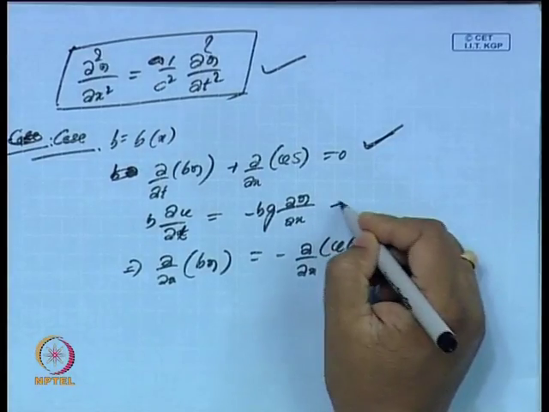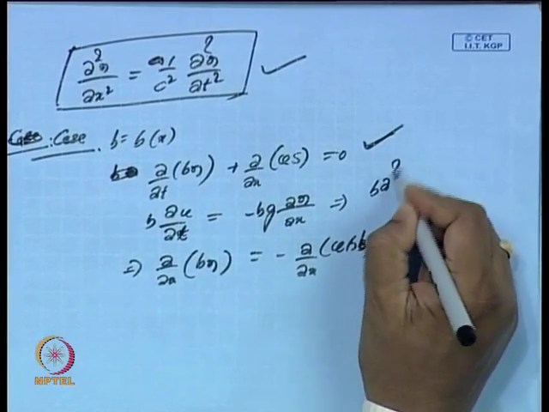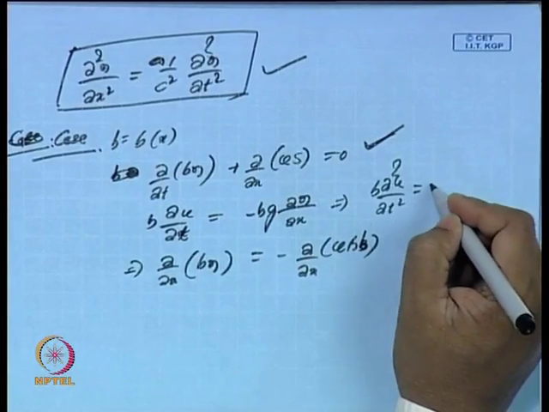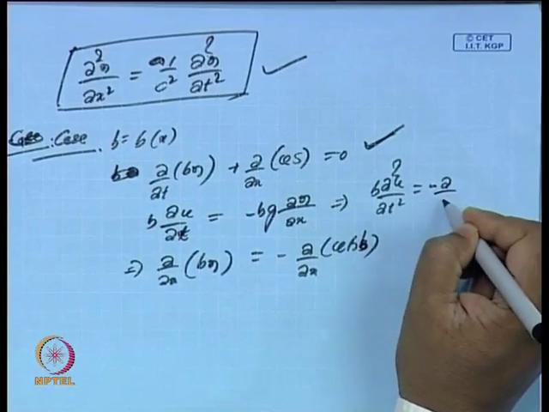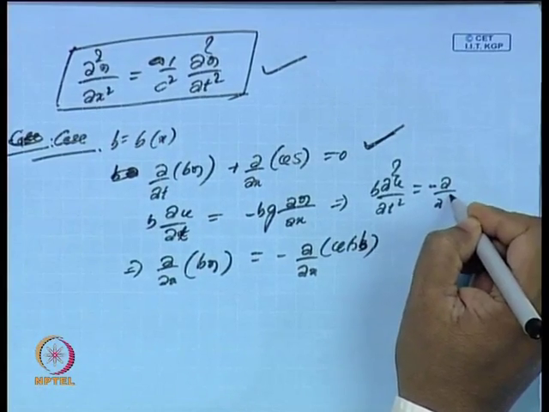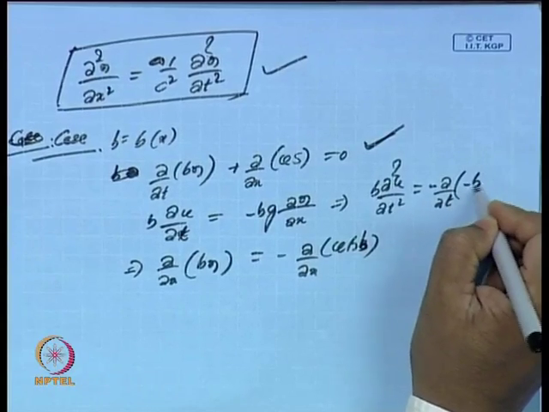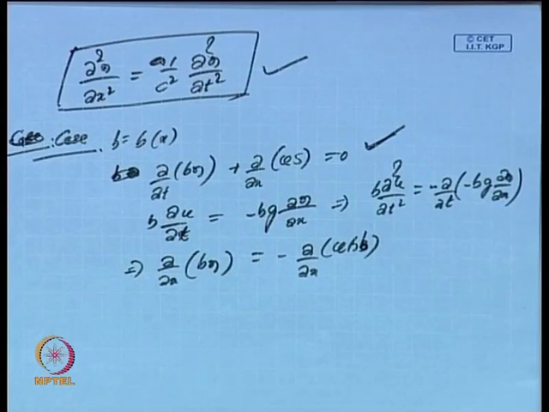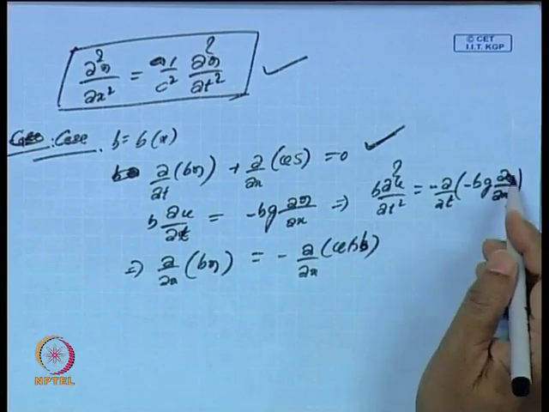So, if I take from here, I will get b del square u by del t square, and that will give me minus del by del t of minus b g del eta by del x, and again so that is minus b del by del t. So, this is b g del eta by del x.